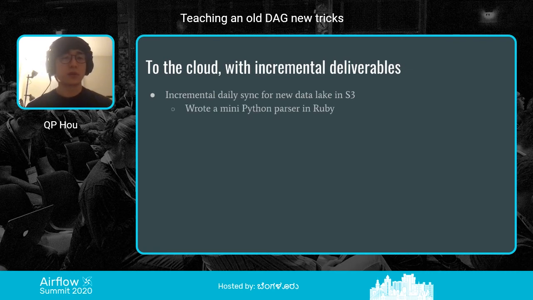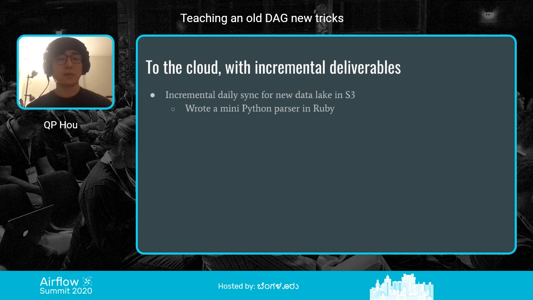In order for this to work, we actually had to run some tasks in the old orchestration system and some tasks in Airflow in Databricks. So we decided to use Airflow as the orchestrator to orchestrate the whole daily sync process. So basically, we had to write a custom Airflow operator to run this task in the old in-house system.